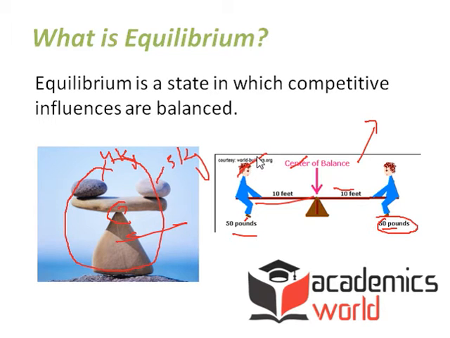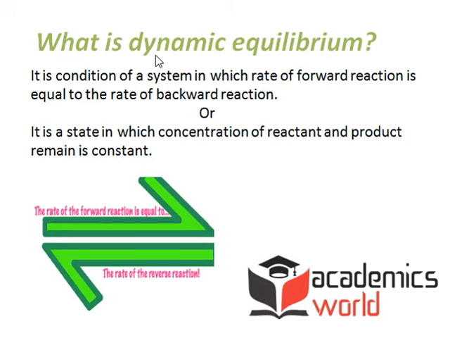Now we study what is dynamic equilibrium. I will tell you the difference between equilibrium and dynamic equilibrium on the next slide. First, dynamic equilibrium is a condition of a system in which the rate of forward reaction is equal to the rate of backward reaction, or a state in which the concentration of the reactant and product is constant.